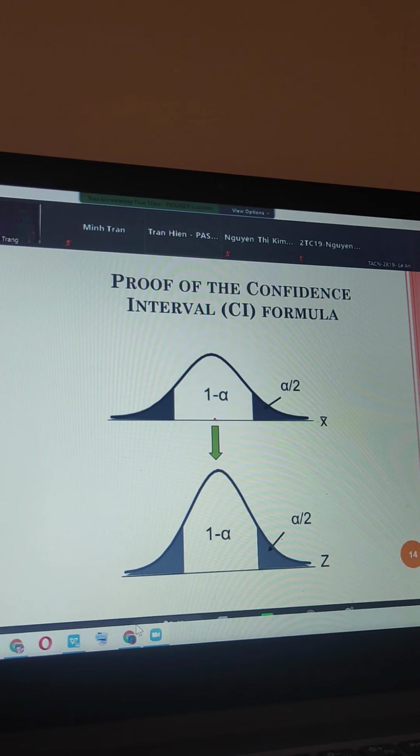Because in here the midpoint may be any value that you can find. But for the standard normal distribution, the mean equals the mode equals the median, and that is exactly how much?